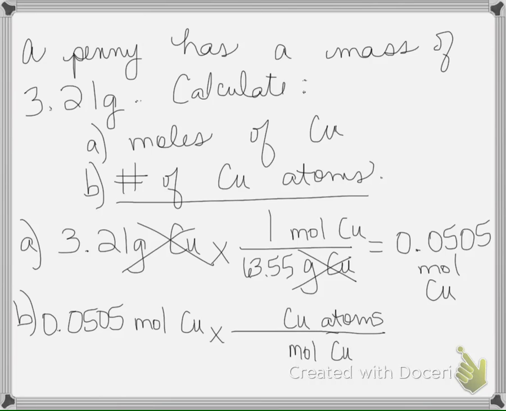How can I relate moles of copper to copper atoms? How are those equal to each other? Well, isn't a mole of anything 6.02 times 10 to the 23rd of those? Okay? So do you see that 6.02 times 10 to the 23rd is going to go on top?